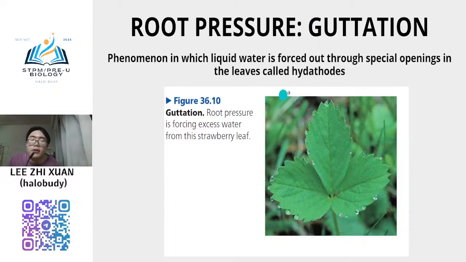Okay, but before that we need to learn about guttation. Guttation is the phenomenon when liquid water is forced out through the special openings in the leaf called hydathodes. Normally you can see this phenomenon in the early morning.